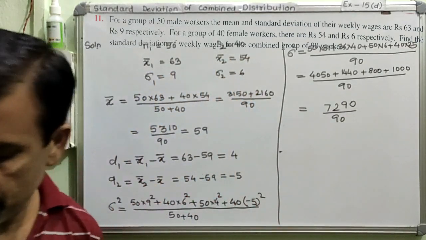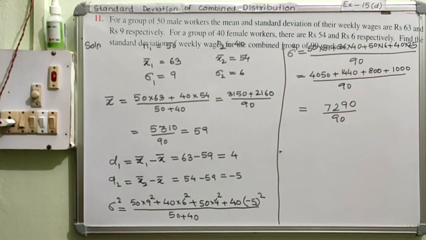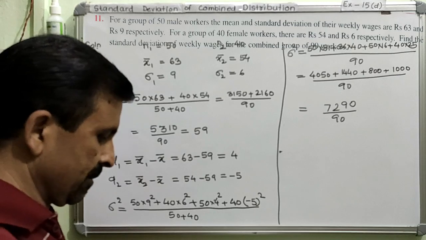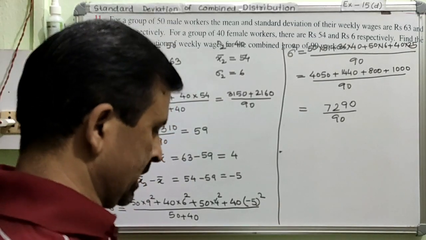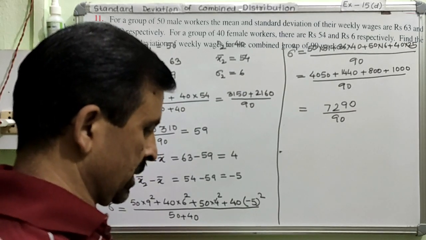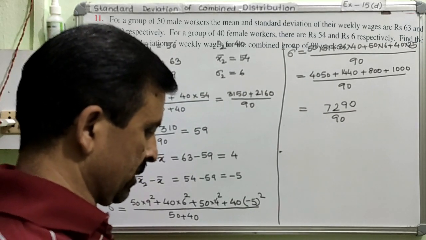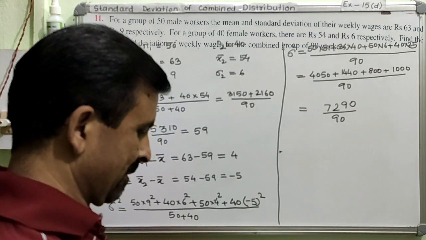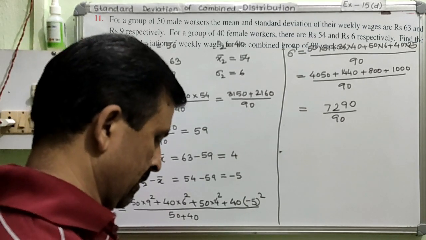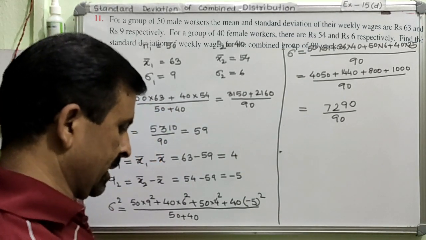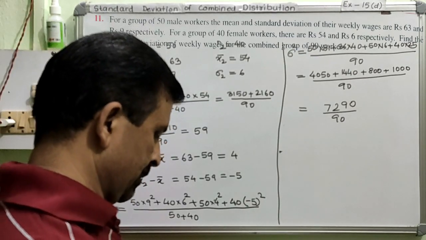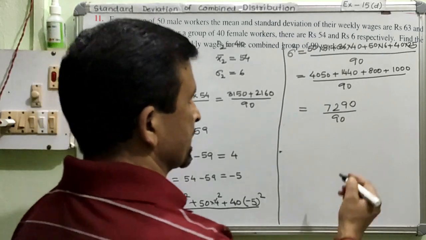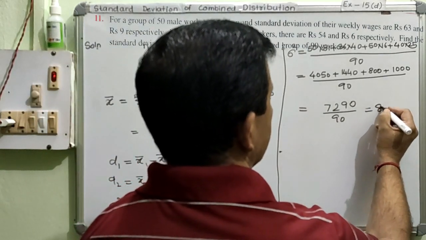Okay, now we can divide and check using the calculator. 7290 divided by 90. Okay, so this is coming as equal to 81.